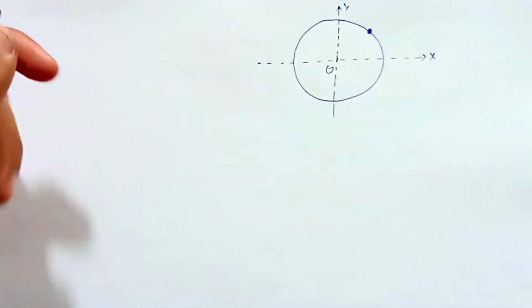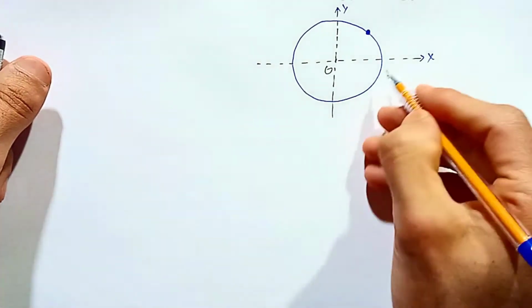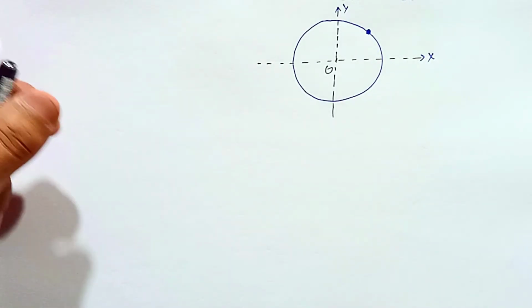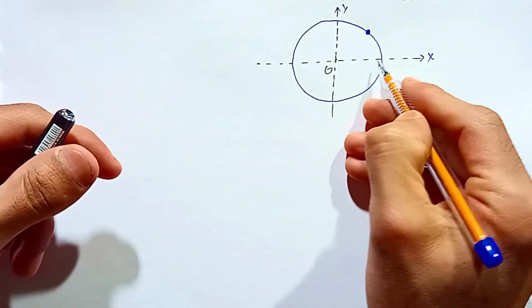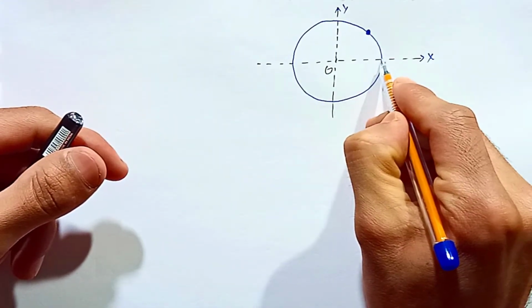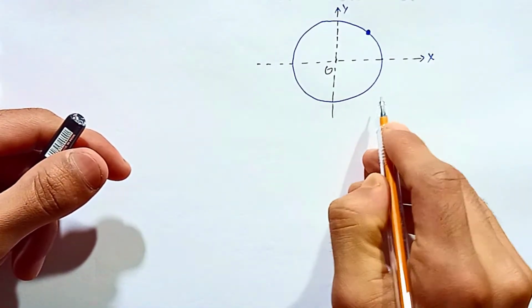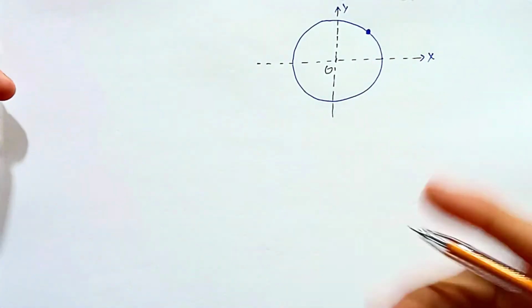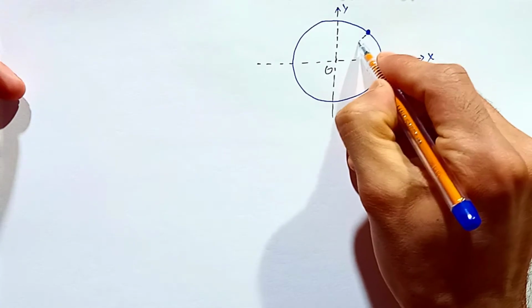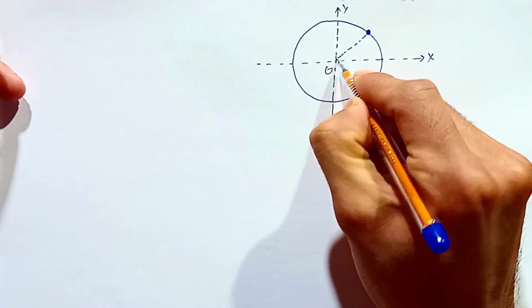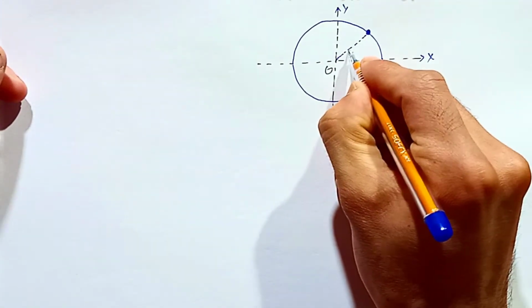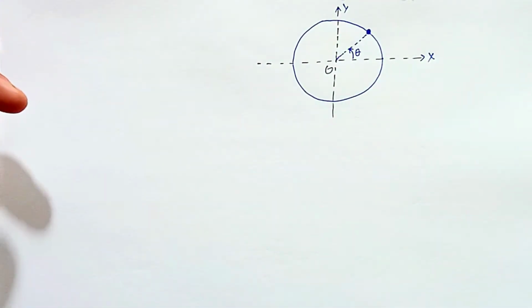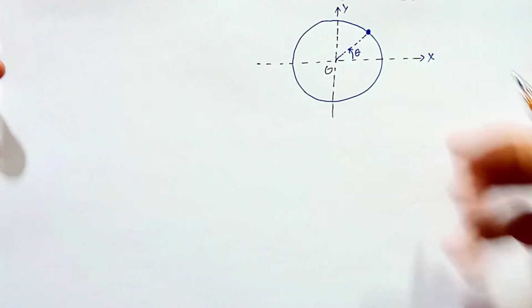This is a plane Cartesian coordinate system. This particle is moving along the circular path, making some angle from the initial position. For example, it starts from this point, and after some time it will cover a distance which is calculated in terms of theta. So this is the theta which it traverses as time passes.